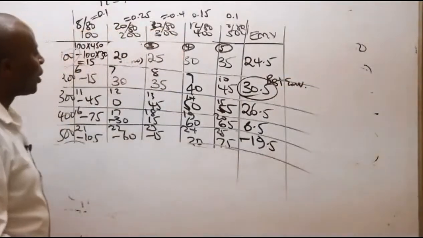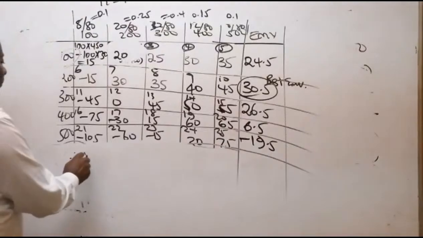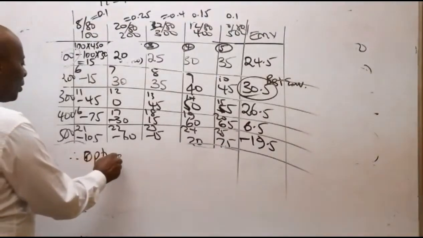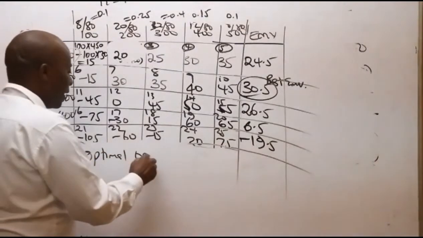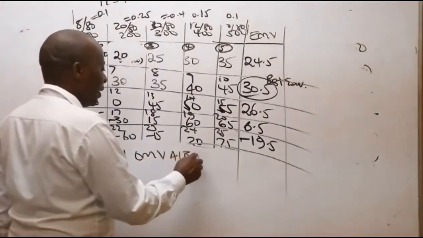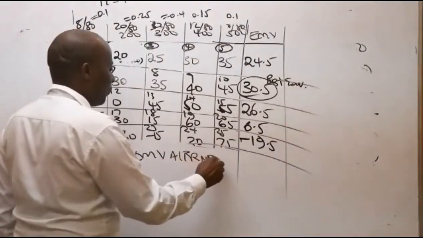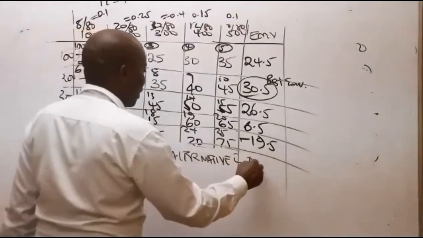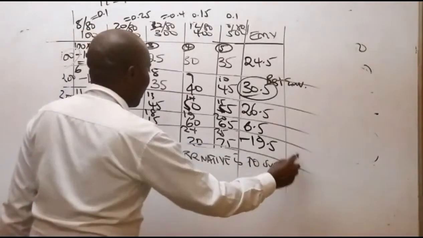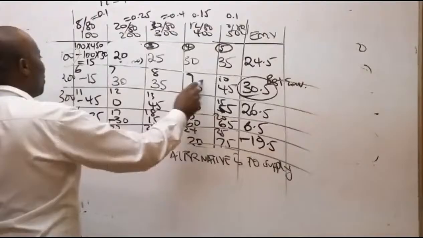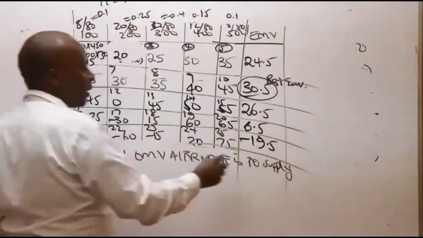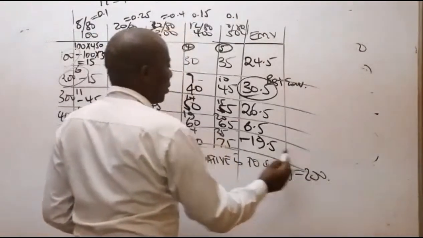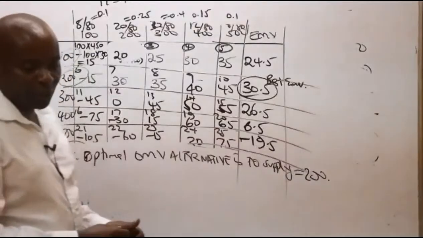So implying that the best or optimal EMV alternative is to supply 200 crits.